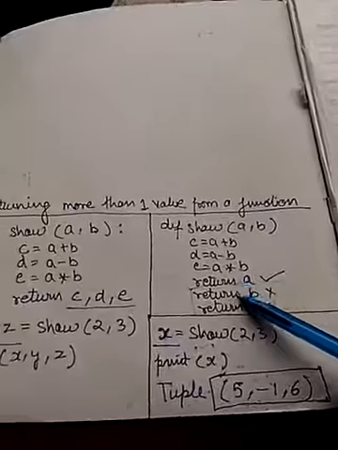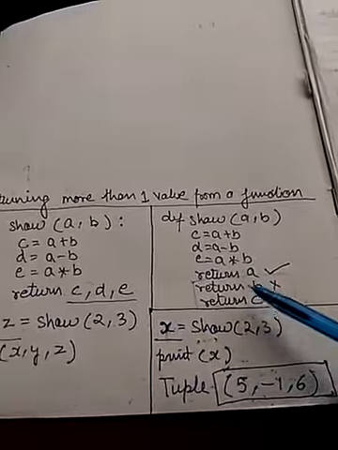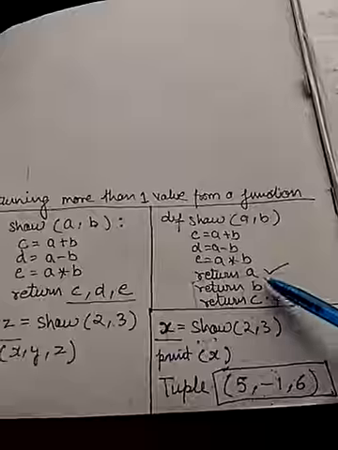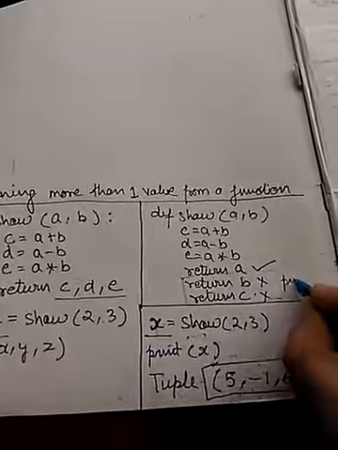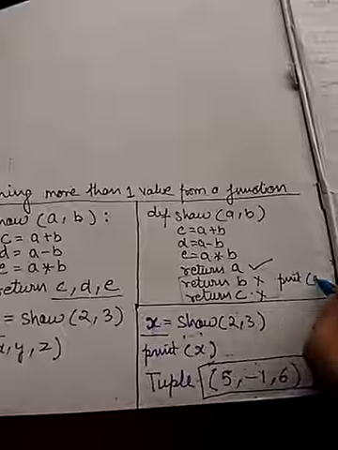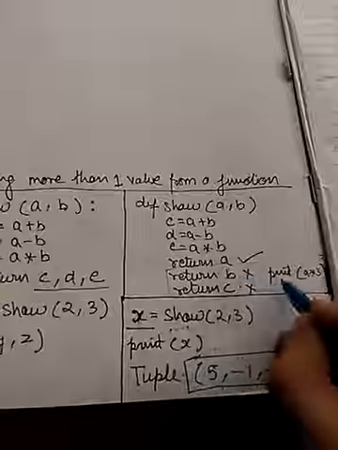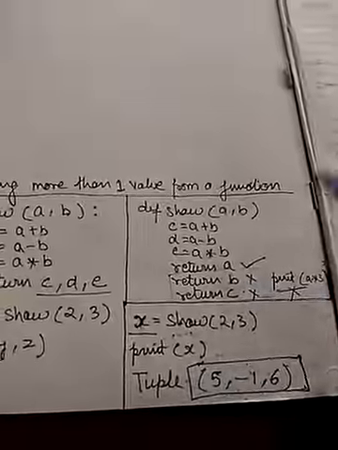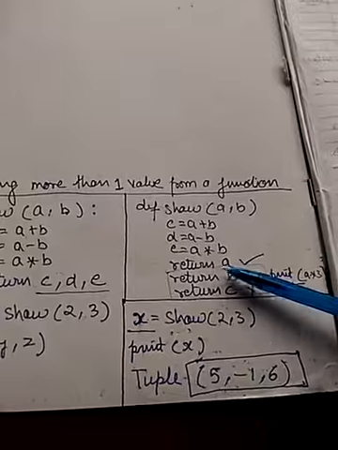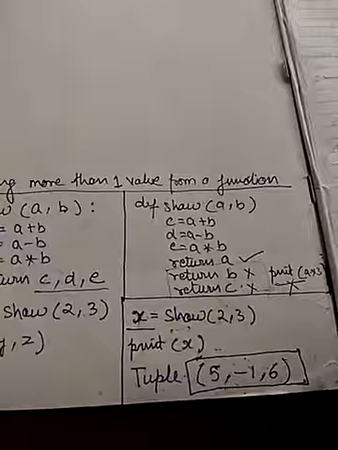Suppose I write return a, and after that I write print a * 3, then this statement will not execute. Means after the return statement, any statement which is written is not going to be executed.